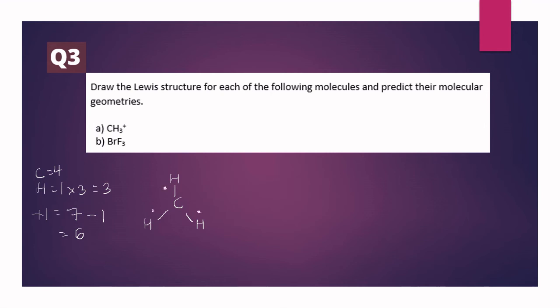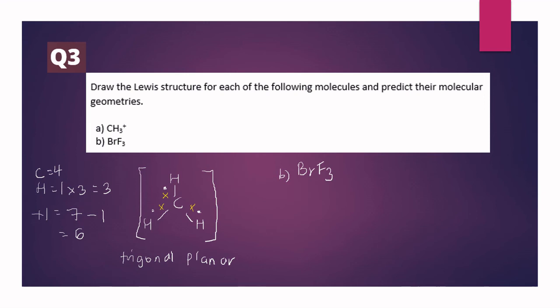Every hydrogen contributes 1 electron, and carbon contributes 1 electron, and 1 more electron of the carbon has been neutralized by the positive charge. So we get this Lewis structure, and the molecular geometry is trigonal planar.